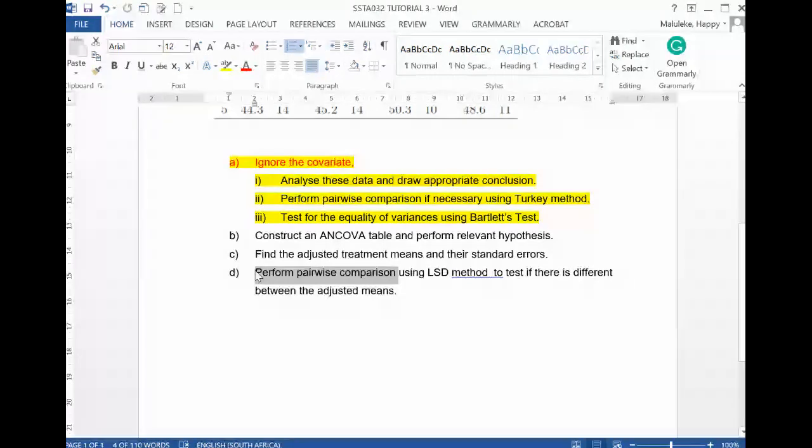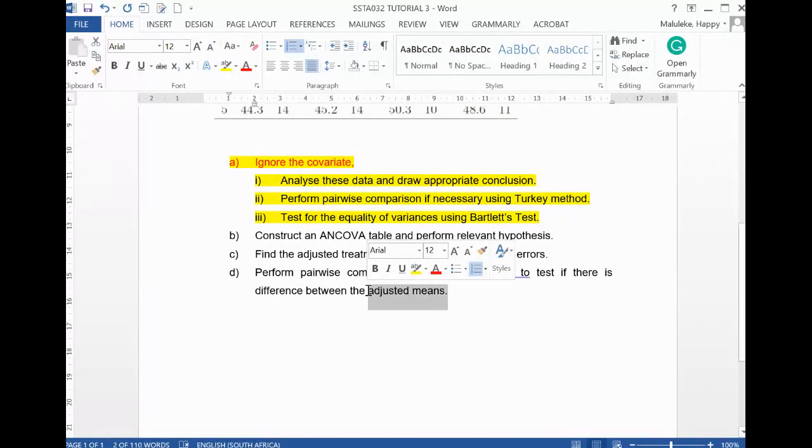This one I'm saying perform pairwise comparison using the LSD method to test if there is a difference between the adjusted means. Immediately when I talk about the adjusted means, it's related to chapter 7, because you have adjusted the means now.